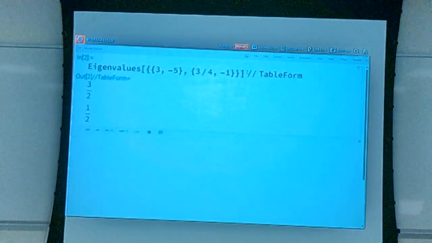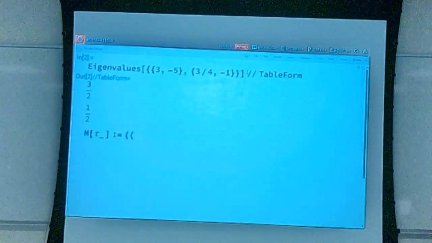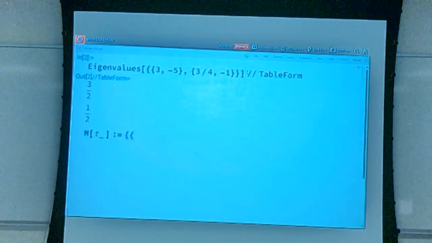Fundamental matrix. Let's call it M. Oh yeah, I'm not going to do that yet.